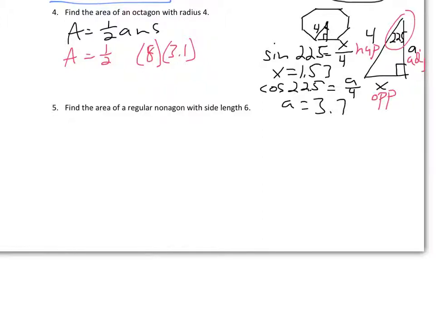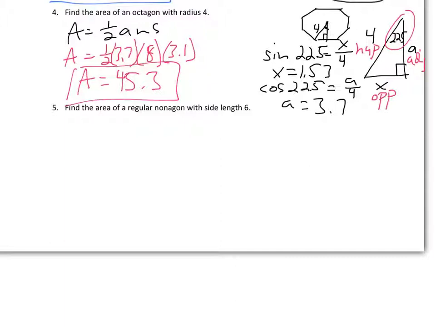Okay, so we have 3.7. Now you multiply all this out times 8 times 0.5, and you get your answer of area equals 45.3. And you're done. Okay, the very last problem here is the area of a regular nonagon.